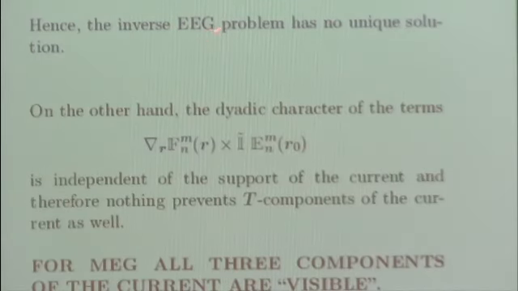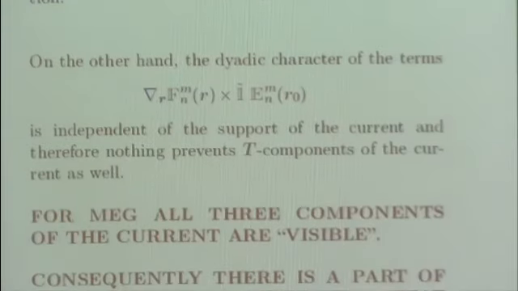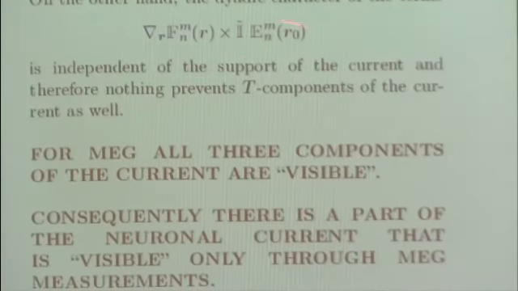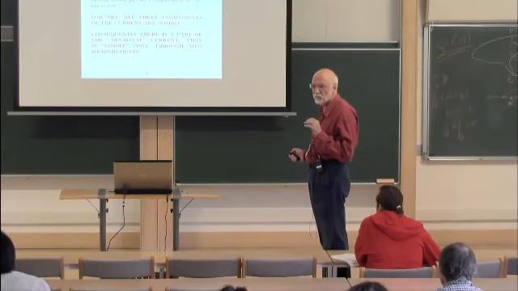So if there is a T dependence, this is silent. You can never identify it outside. For the magnetic field, this is not the case. All components appear. Consequently, there is a part of the neuronal current that is visible only through the MEG measurement, not the EEG measurement in this case.